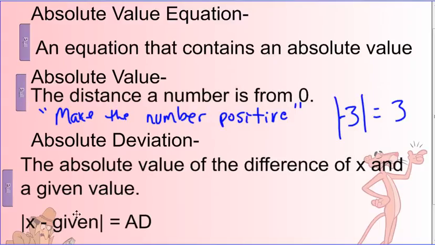Here's a little formula used to find the absolute deviation: x minus the given value, the absolute value of that, is the absolute deviation. Now, that sounds like a big pain, but when we get to it, you're going to see it's actually a very simple concept that looks ugly because of this equation. It's really not that bad to find.